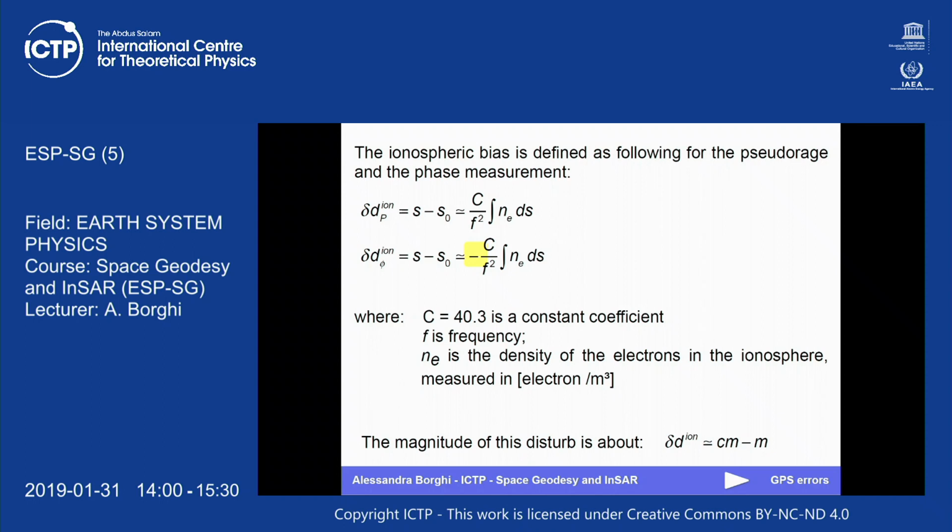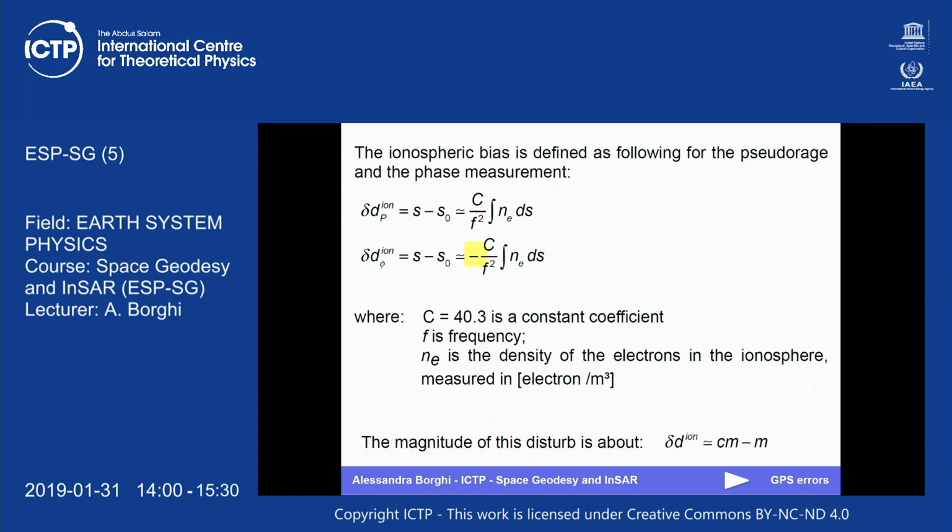So people knew that we have an effect on our measurements, and to control the effect, they designed it with 2 carriers, 2 frequencies. So we have 2 different effects because it depends on the frequency: an effect for L1 and an effect for L2.